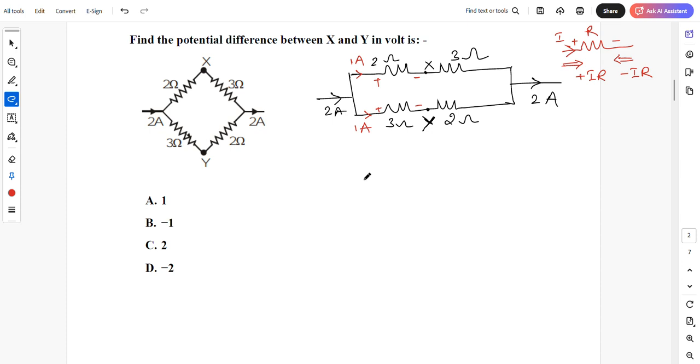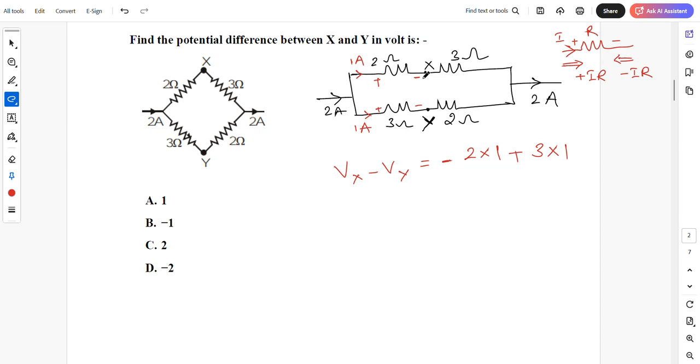Potential difference between point x and y. How to calculate? Vx minus Vy will be equal to minus of 2 into 1, and if I move further like this, plus of 3 into 1. What is the voltage drop here? 2 into 1.